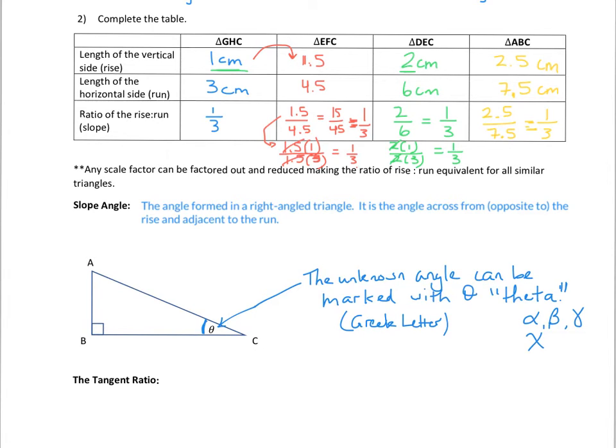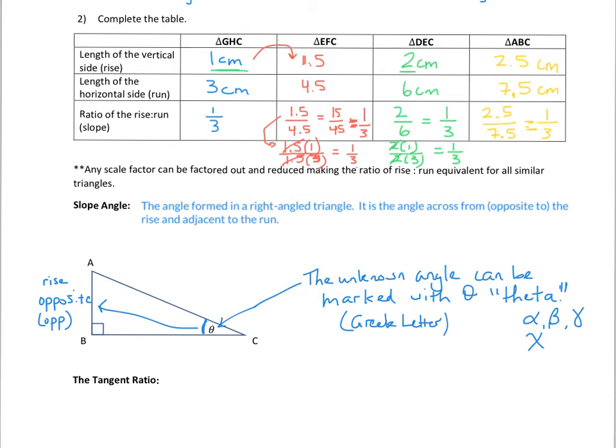So the side across from it is the rise in the position that we've drawn it, but when we start twisting these triangles around, we're going to actually call that the opposite, because it is opposite to that angle that we are interested in knowing. And instead of writing out the word opposite, we just write OPP as short for opposite.